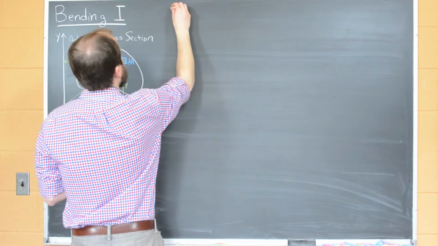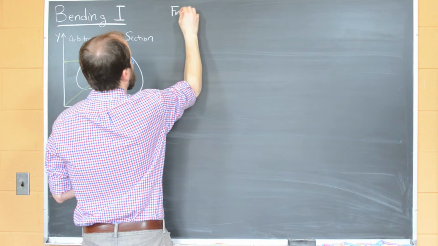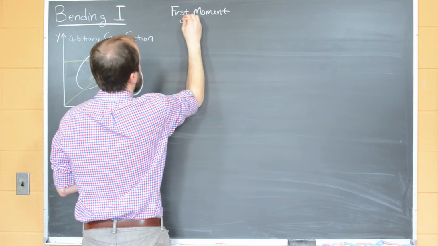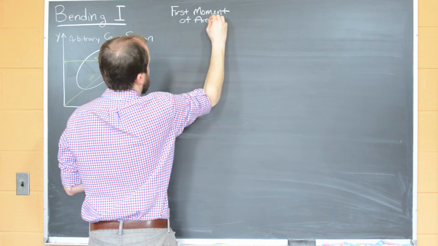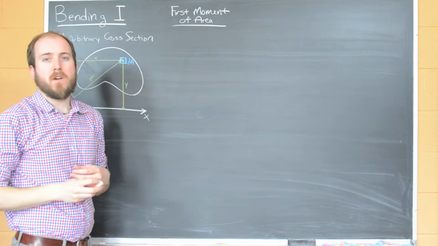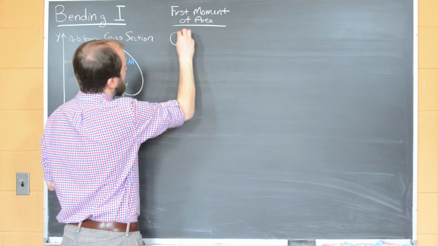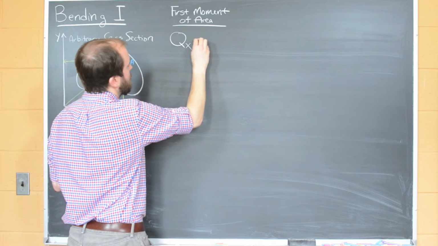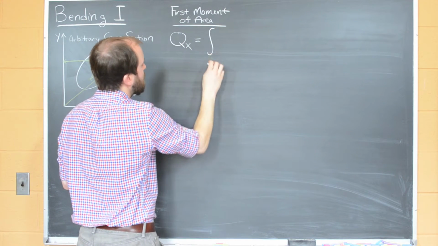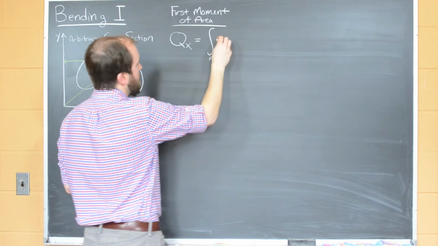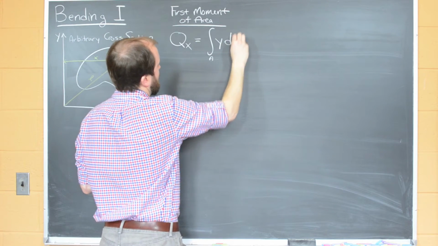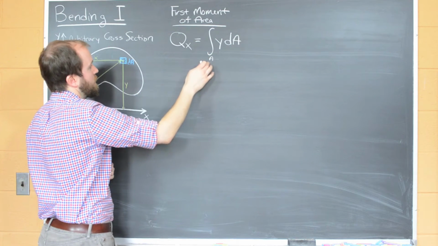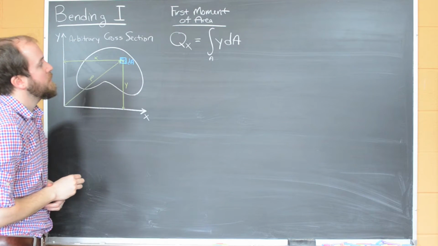And so what that means is we can write our first moment of area about the x, Qx, is going to be equal to the integral of that area times the distance y, the integral of y dA. That gives us the first moment of area.